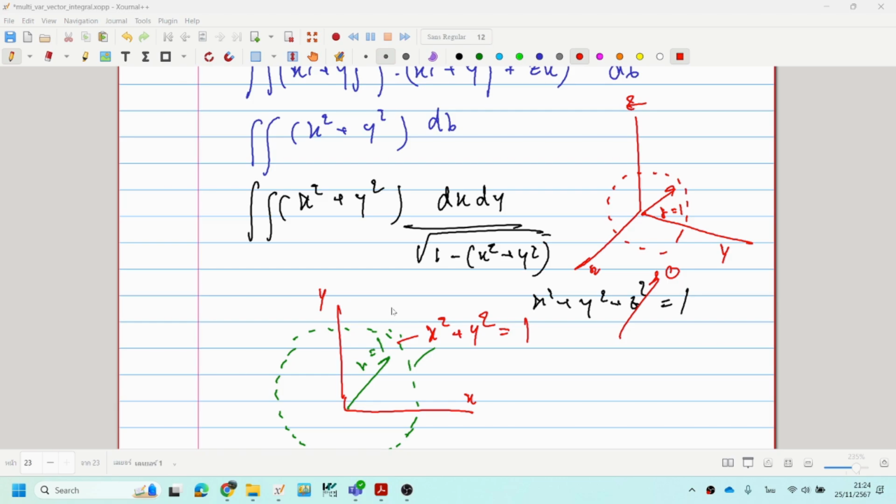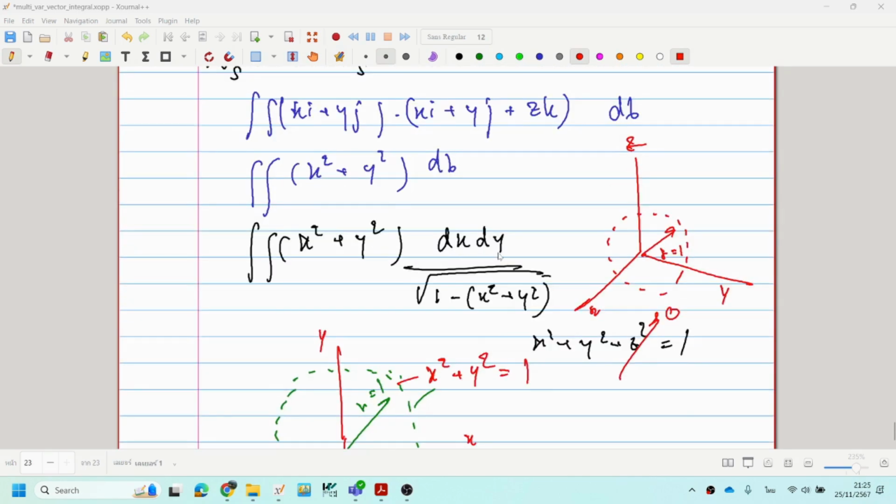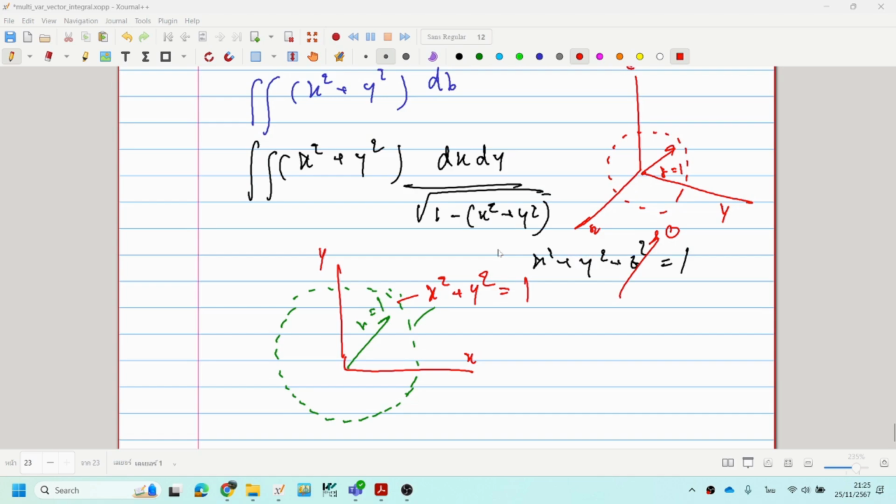Outside, the upper limit is a value and the lower limit is a value, and inside, the upper limit is a function and the lower limit is a function as well, right? Something like this. Okay, I will show you how to find the limits.